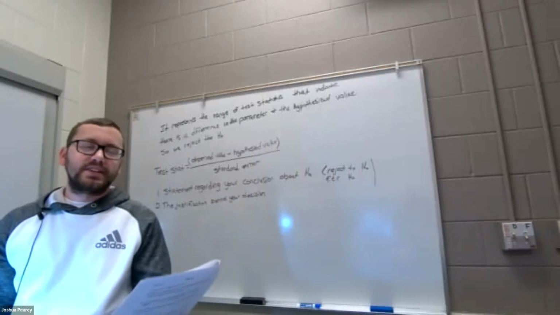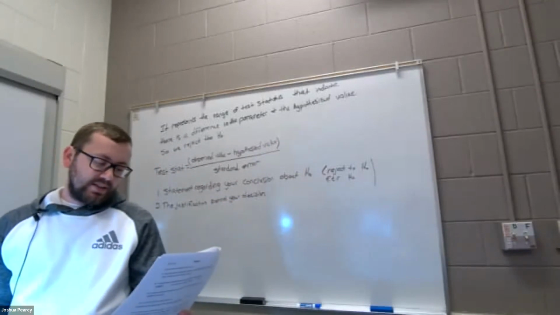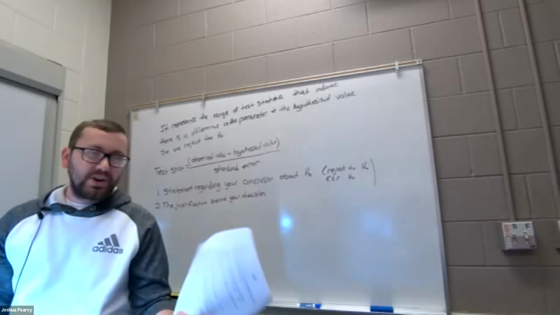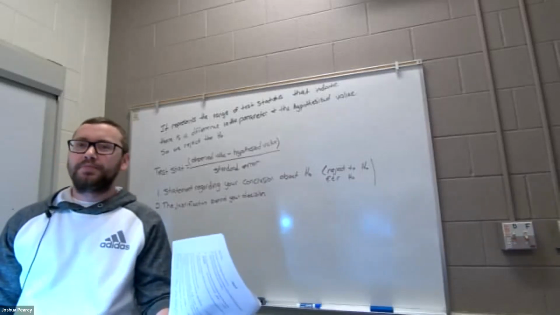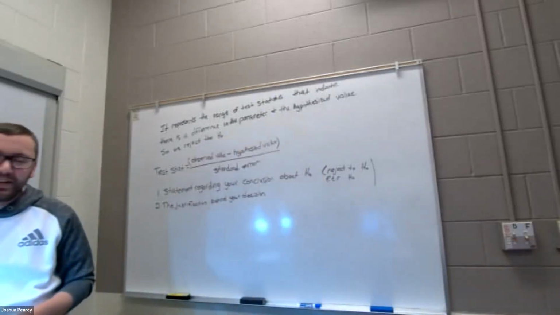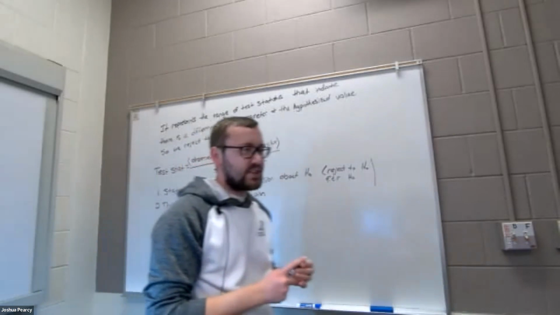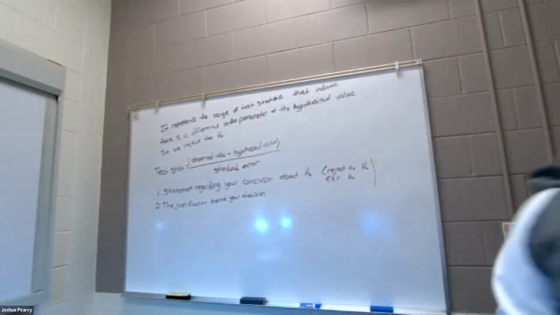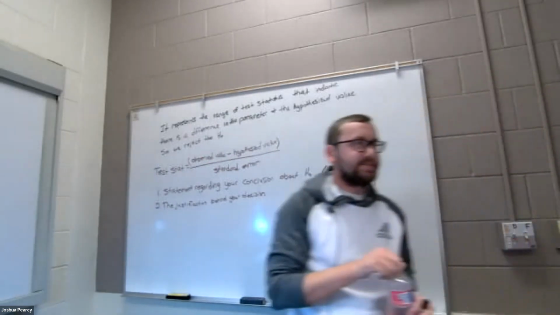We'll talk about those later. And then the third one, your conclusion regarding the claim, making sure to put it in the context of the problem. So just like how we interpreted confidence intervals in this last chapter, you should know how to interpret the results of a hypothesis test. And will we talk about that? Obviously, yes, we will.